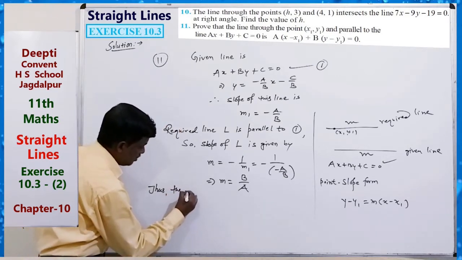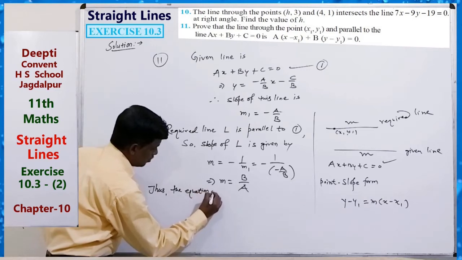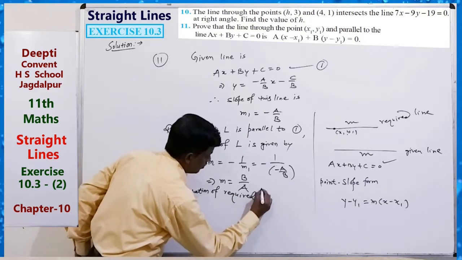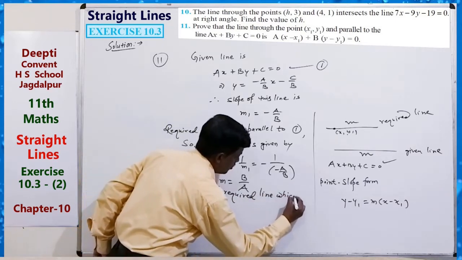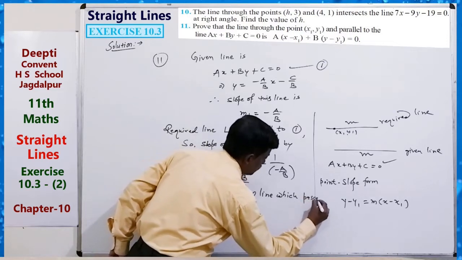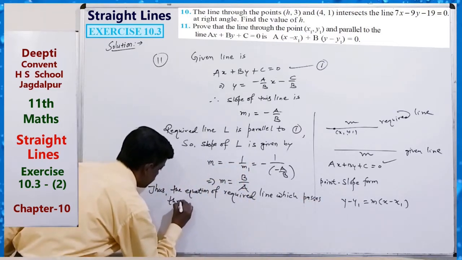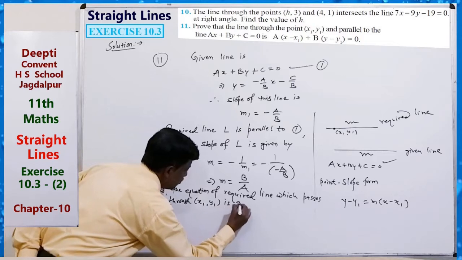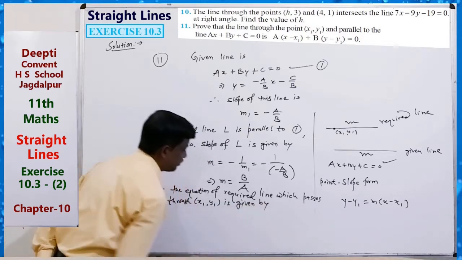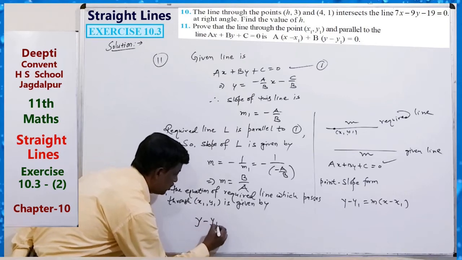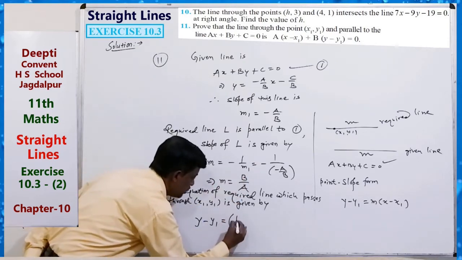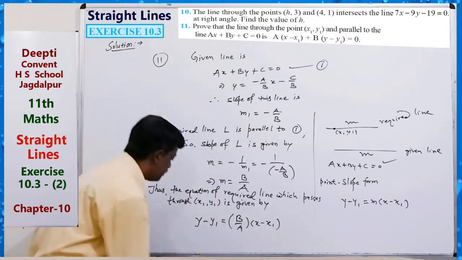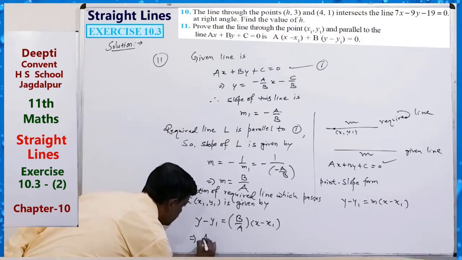Thus the equation of the required line which passes through (x1, y1) is given by y minus y1 equals slope b by a into x minus x1.